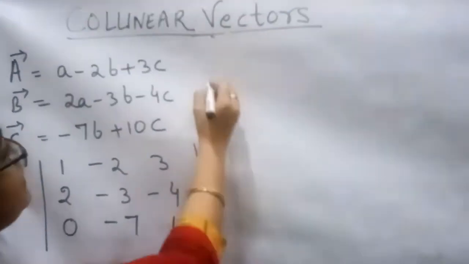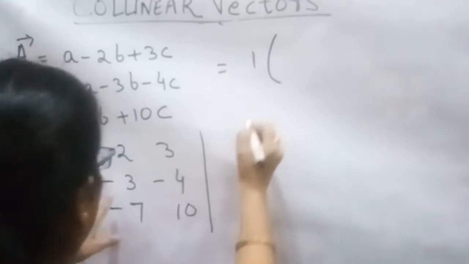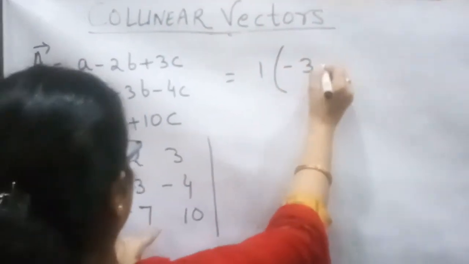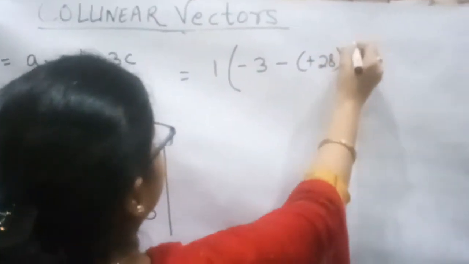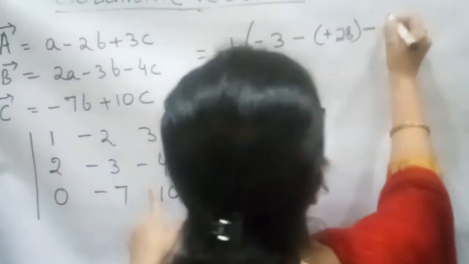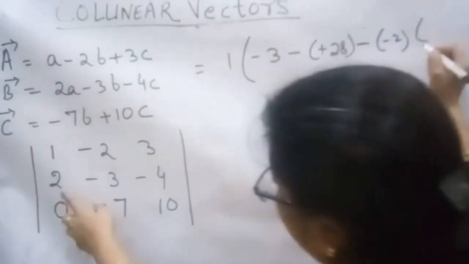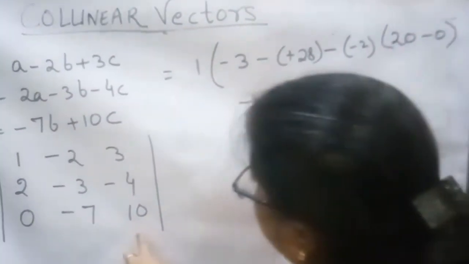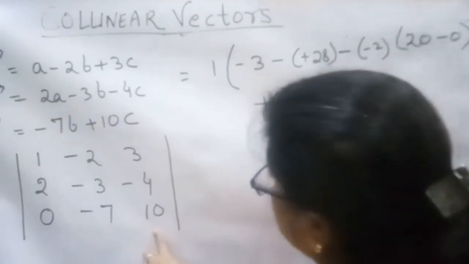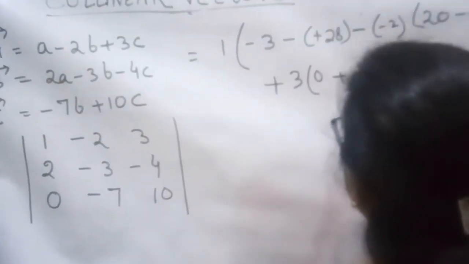Now we solve it by the same process, that means minus 30 minus 28 plus 28. Now minus 2, then for the 2, 10 twos are 20, minus 0, and again 3, that means 0 and plus 3.